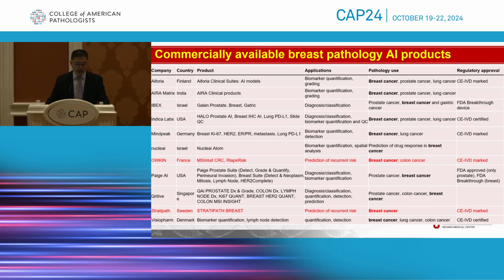So back to this table, there are two commercially available AI algorithms or tools. As highlighted here, one is from Ibex, the other one from StratiPath. They both have similar AI models to predict the so-called relapse risk, or risk of recurrence, just like the Oncotype DX, to evaluate whether patients need chemotherapy or not after surgery.